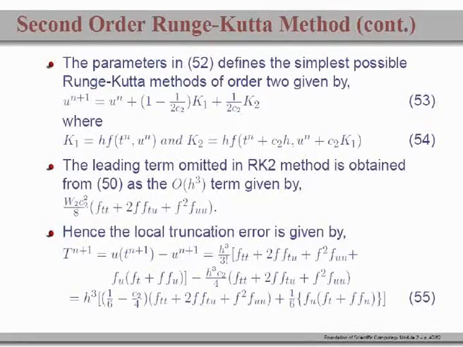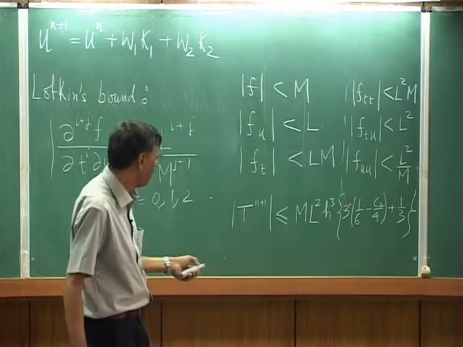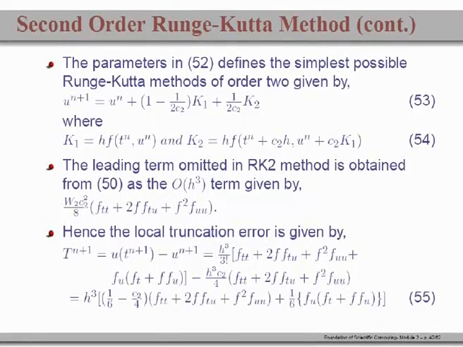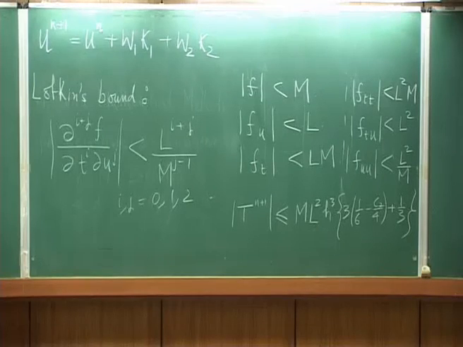What we are saying is that this leading truncation error term would be given like this. Basically, in a sense we have substituted these bounds in this last equation 55, that yields this coefficient as 3, and this one gives you 1/3. Then you can immediately see that this will be minimum if I choose C 2 in such a way that this quantity here is equal to 0. So, that is one way of doing it.